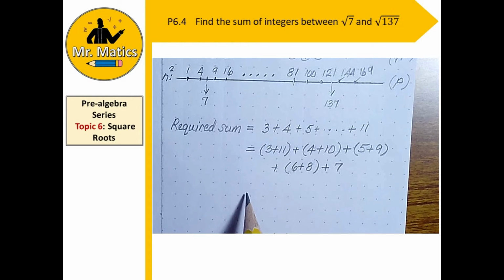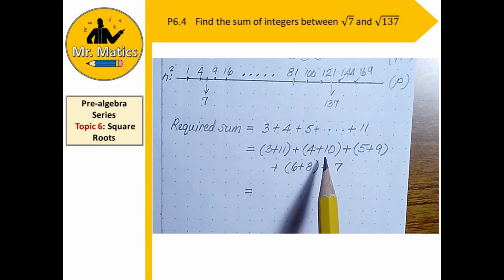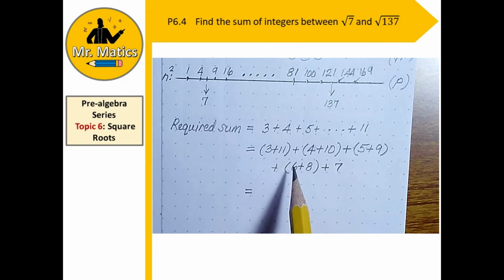So we can see this is 14, 14, 14, 14, and then 7. So 4 times 14 plus 7 equals 56 plus 7, 63.